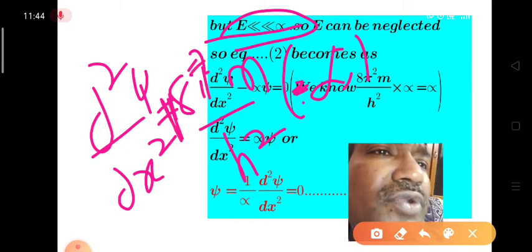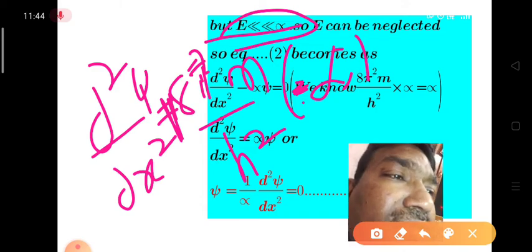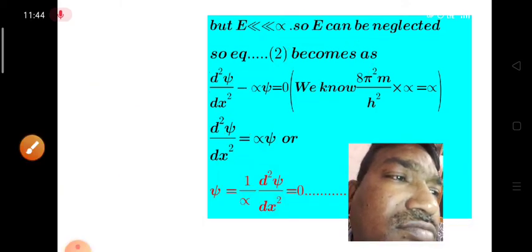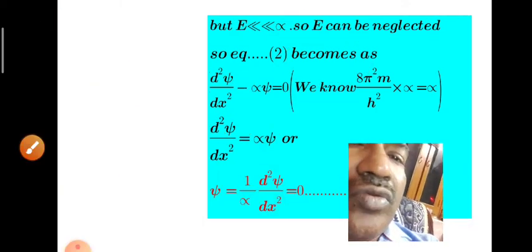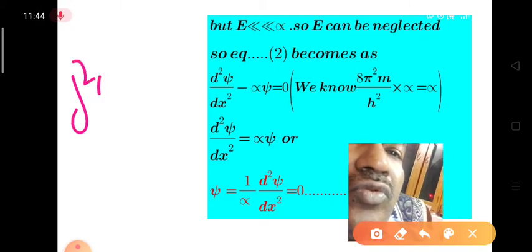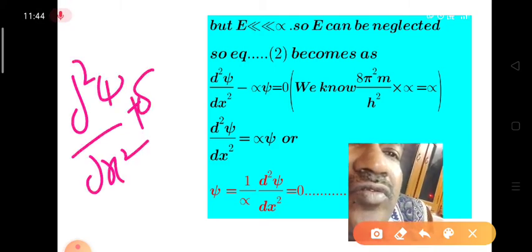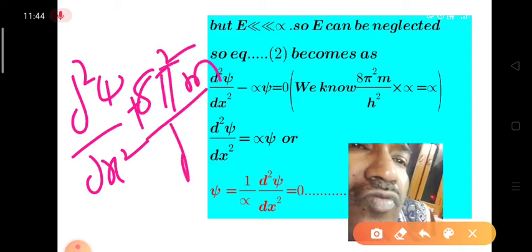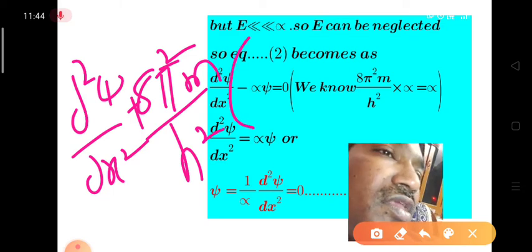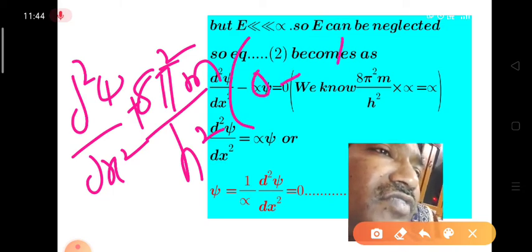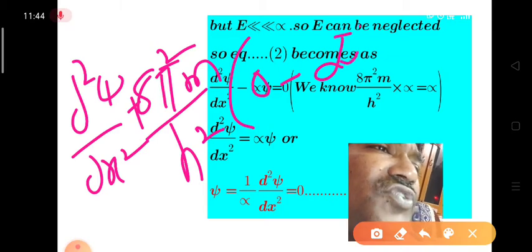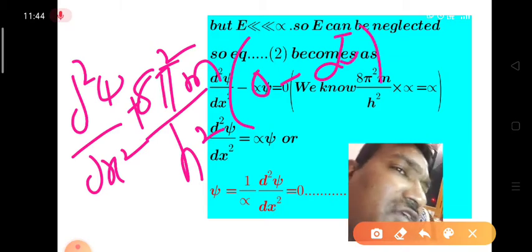I write once again, look here, this is the second equation. Here we would write E, but as it is very small compared to infinity, we write it as 0, or we can neglect that.